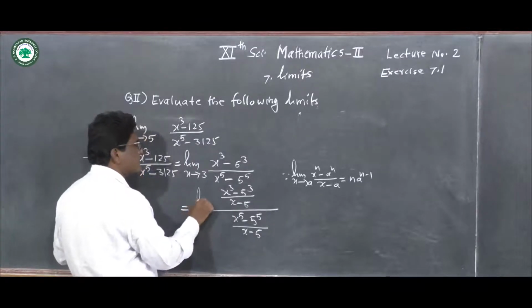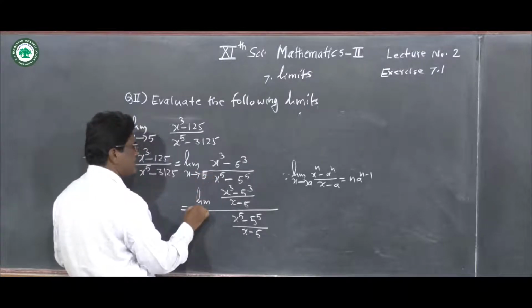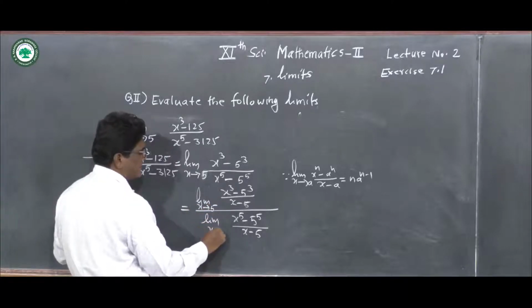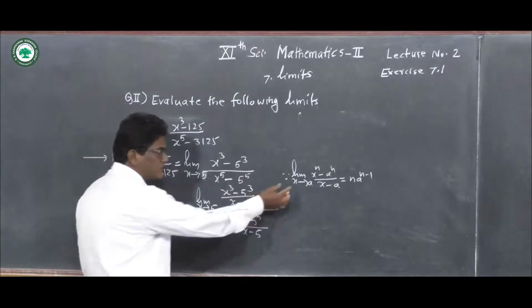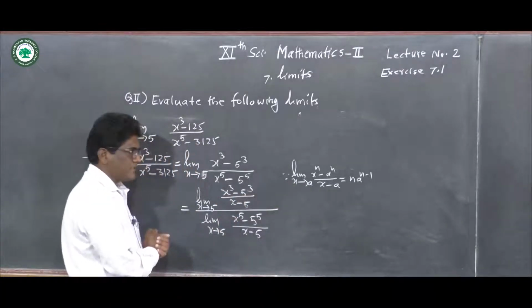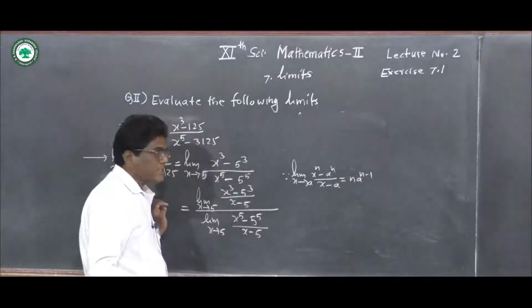Limit as x tends to 5 in both. We use the formula in the numerator separately and in the denominator separately. What is the formula? n into a to the power n minus 1.